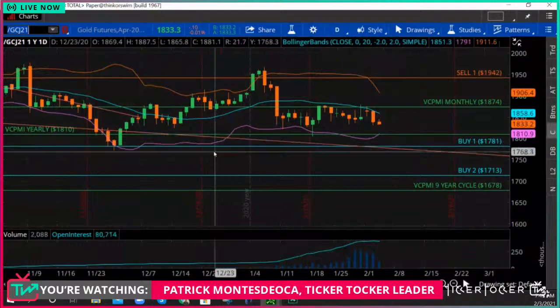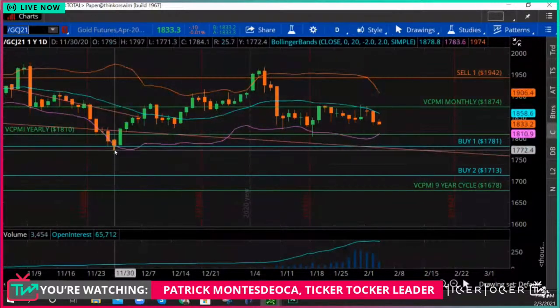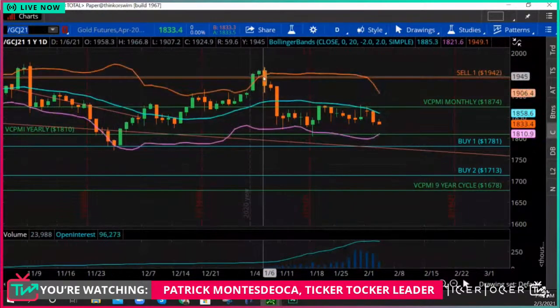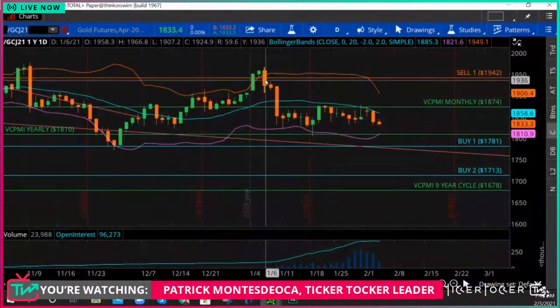It shows you when the price is undervalued, below the average, as it did here on November 30th, coming down to 1771. And on January the 6th at 1966.80, identifying that it was overpriced.